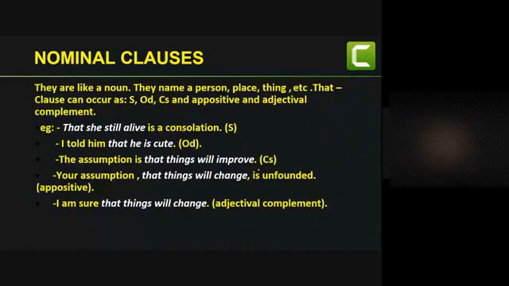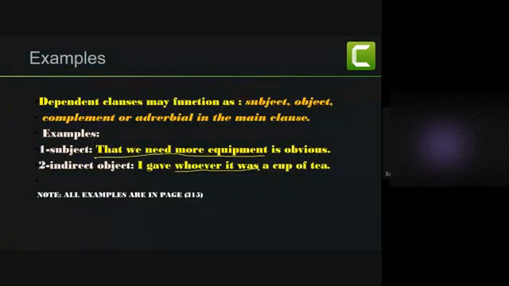How can we know that this clause is indirect object? Let us go back to the sentence. I gave. This verb usually takes two objects. We know that the verb gave requires two objects.